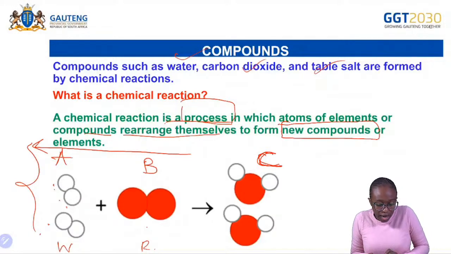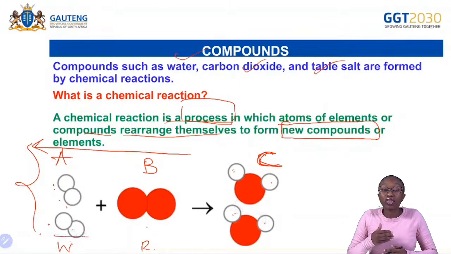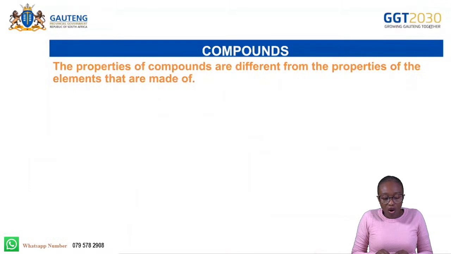As you can see, one atom that belonged to B is now bonded to two atoms that belong to element A, and then another atom that belonged to B is now bonded to two atoms that belonged to A. So there has been what is called a rearrangement. So that's what happens during a chemical reaction. The process involves atoms of elements rearranging themselves to form new compounds, or new molecules.